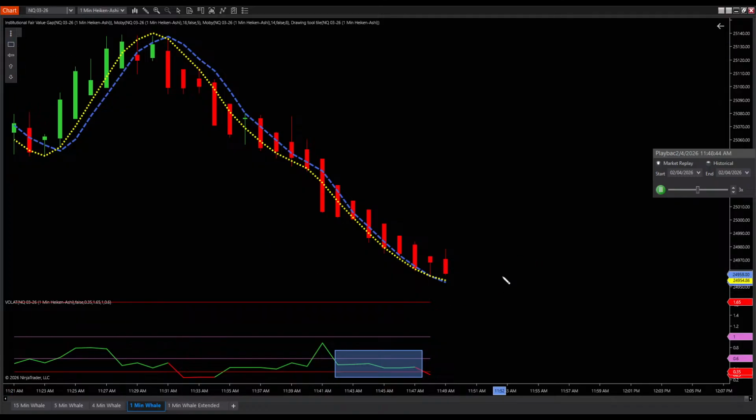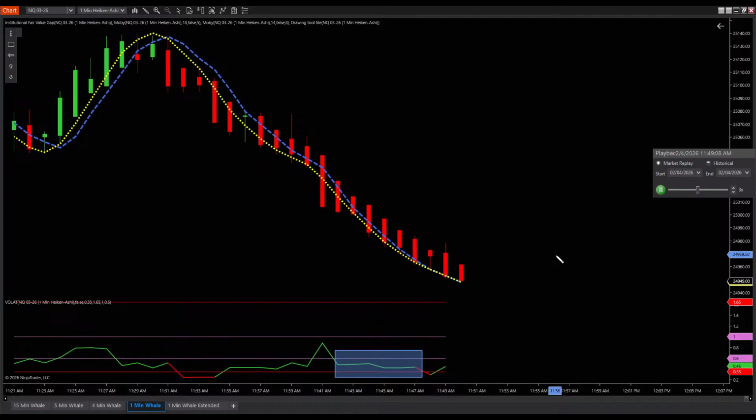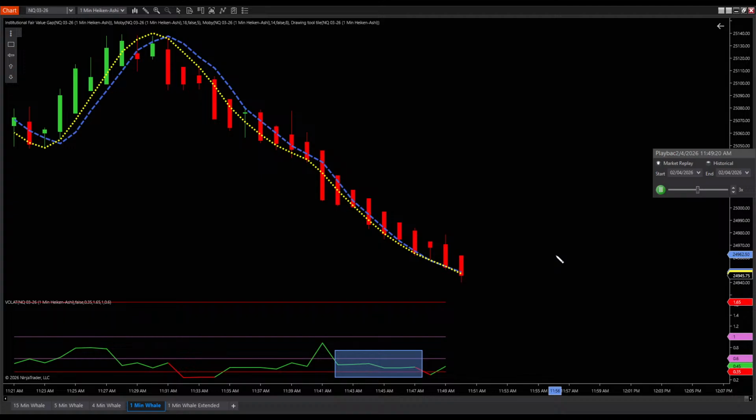Let me make sure we actually do have an exit when we get the bar change on this. Yeah, it smoothed it out. Nope, you're still in the trade there.